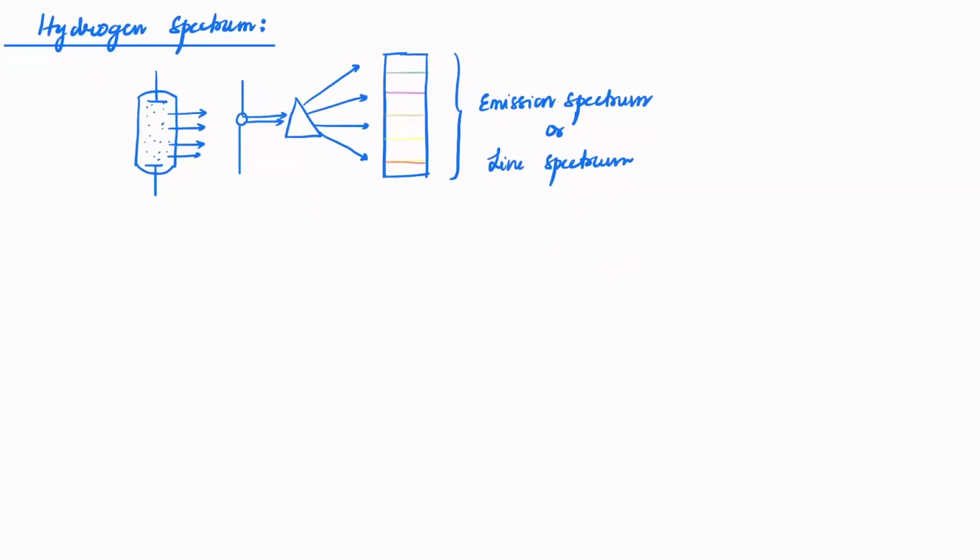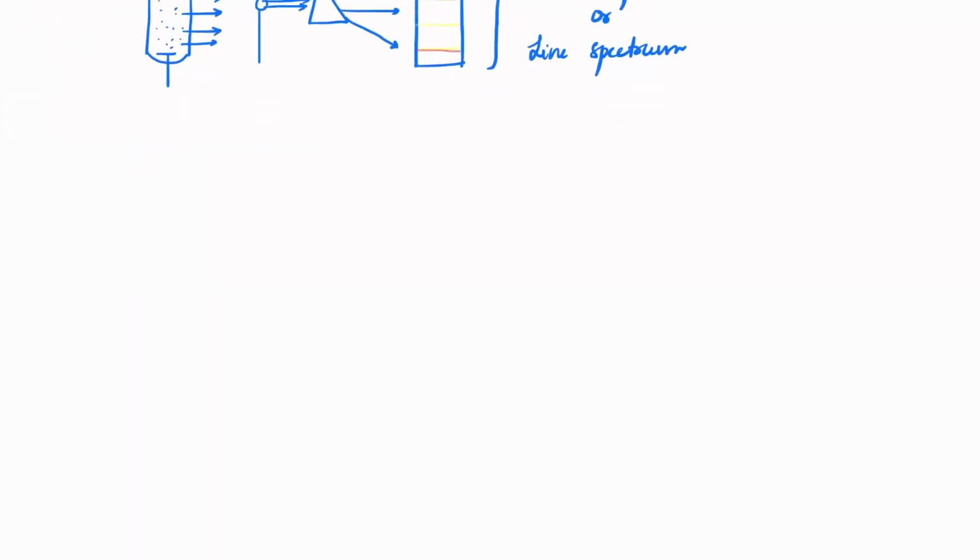What are the important points observed here? These lines we are seeing appear when the electron de-excites from a higher to a lower orbit. That means the electron is already in some 10th, 9th, or 12th orbit, and now it comes back to the original orbit, which is n equal to 1. While coming back, there are many different ways they can come.